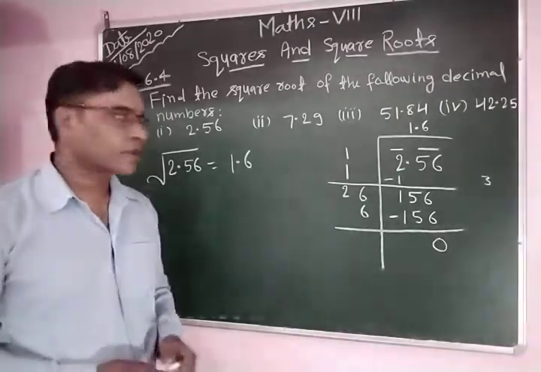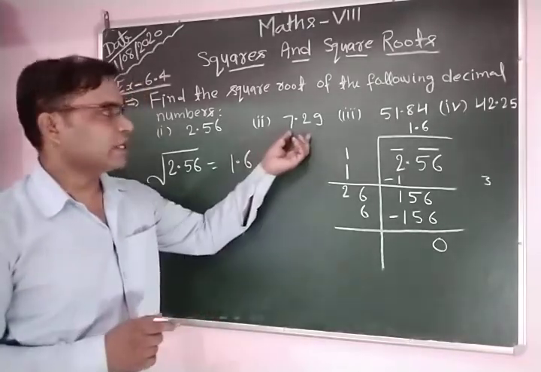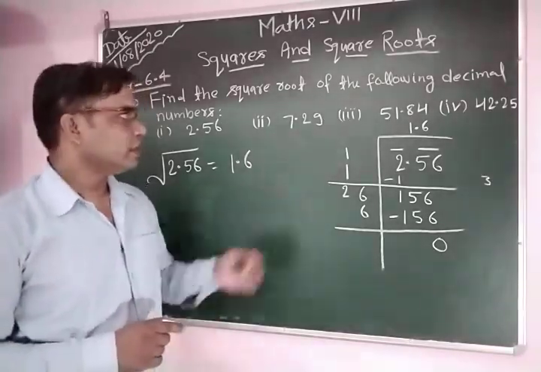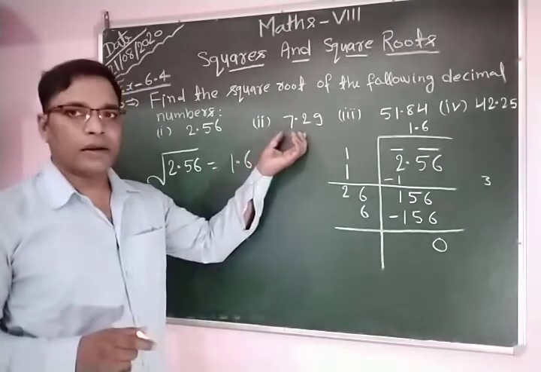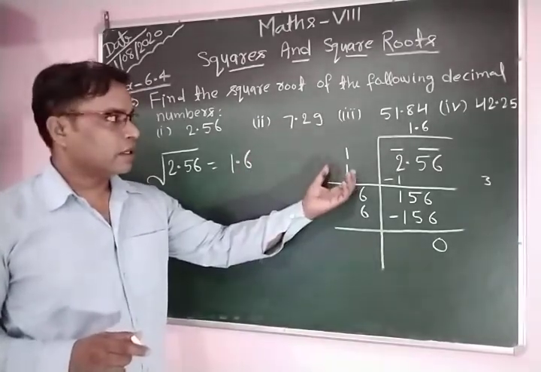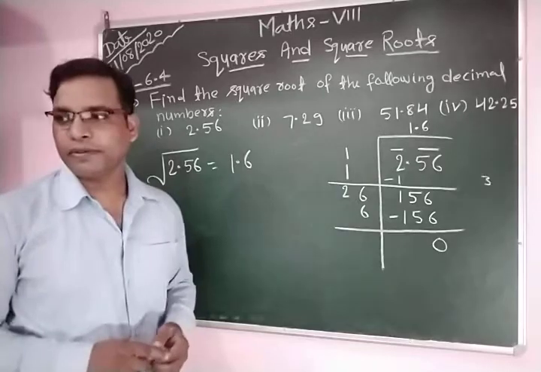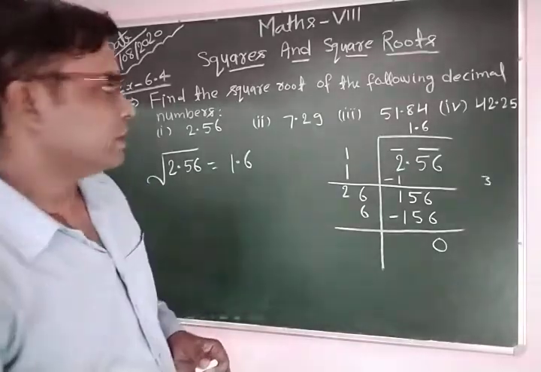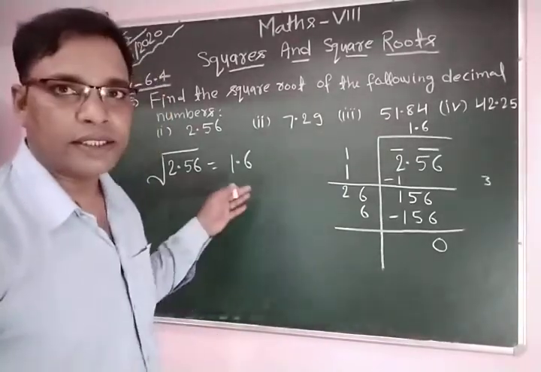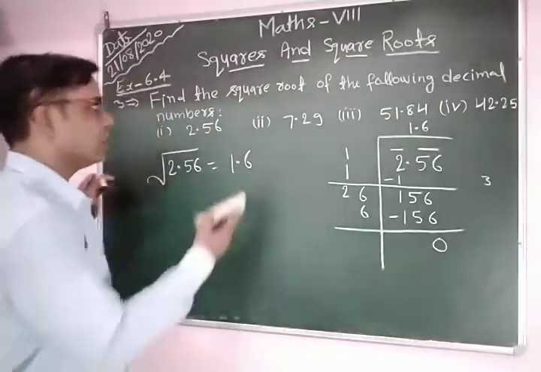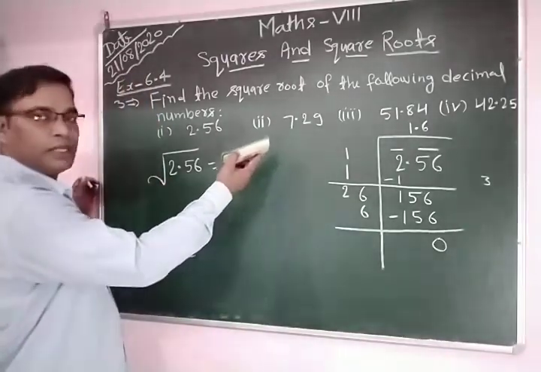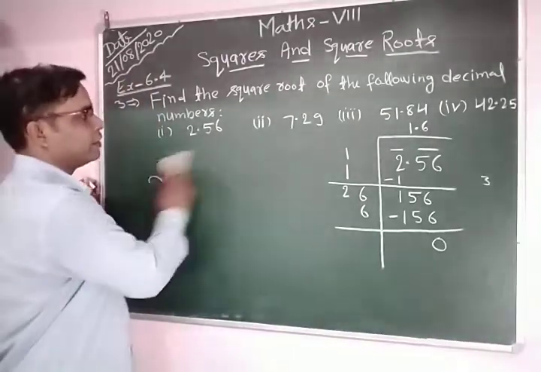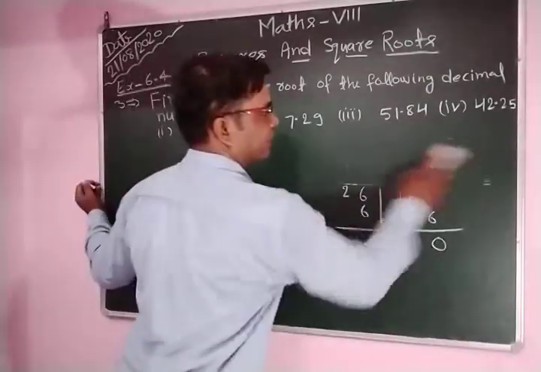Now again we are going to discuss this part, 7.29. Again we follow these procedure steps and find the square root of this number. Let's see how to find the square root of this decimal number.